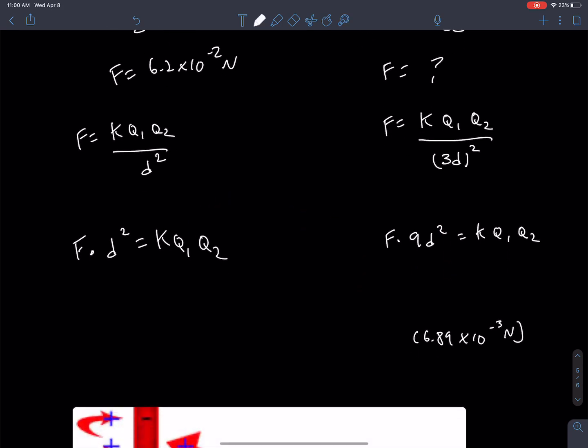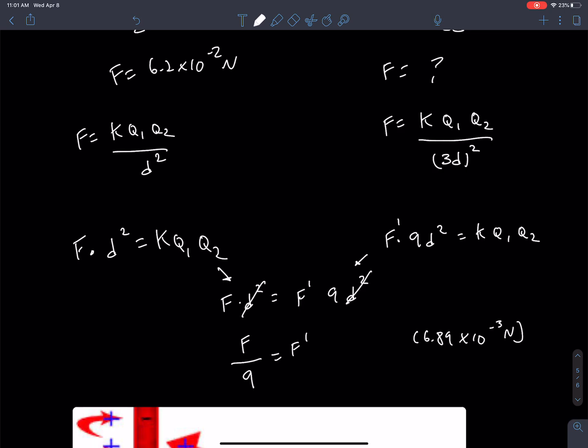So then I'm left with F times D squared is equal to, that's a different F, okay? This is the new force, F prime, equals 9 times D squared. Hope you are able to see that. And then I can cancel out the D squares, and I'll be left with F divided by 9 is equal to F prime.